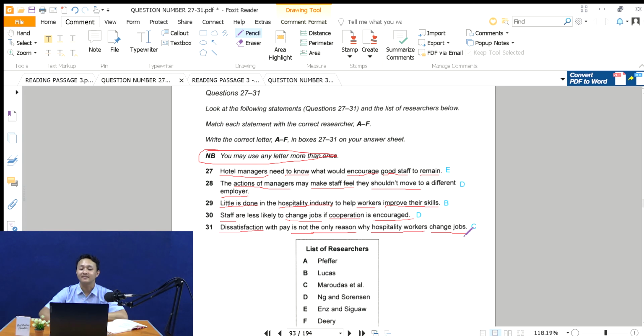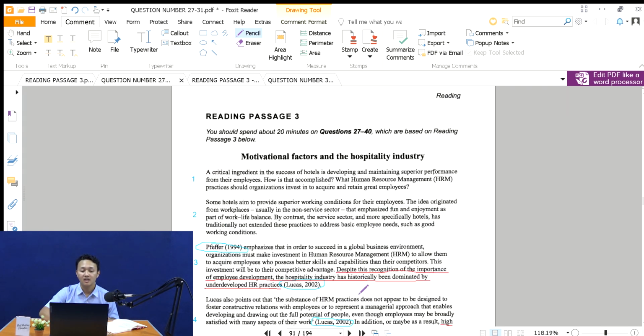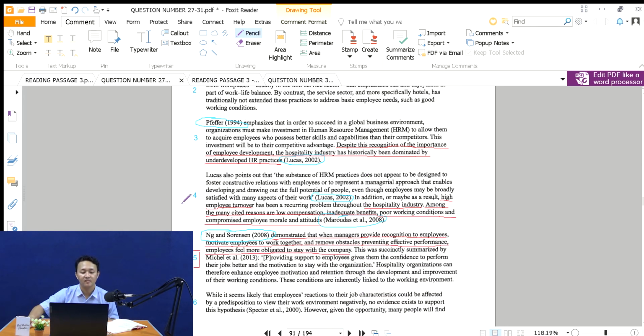Now number 31. Dissatisfaction with pay is not the only reason why hospitality workers change jobs. And the answer is C. It is a statement made by Marauders et al. And then you will find the answer in paragraph 4.